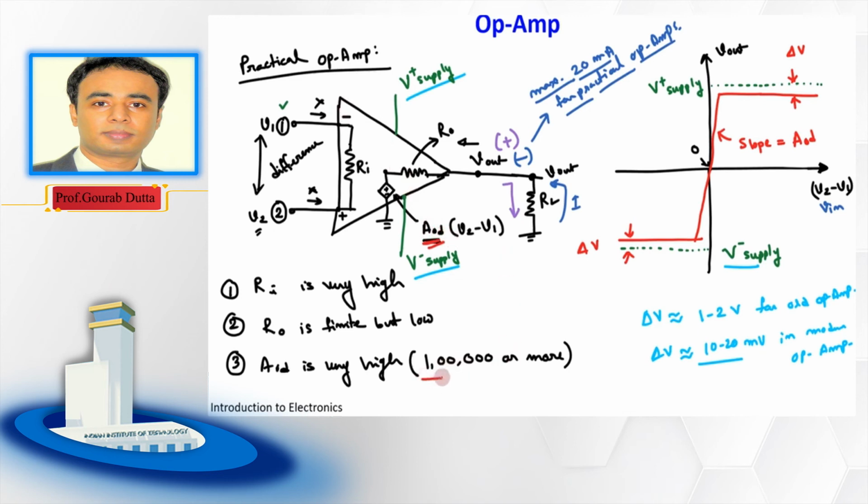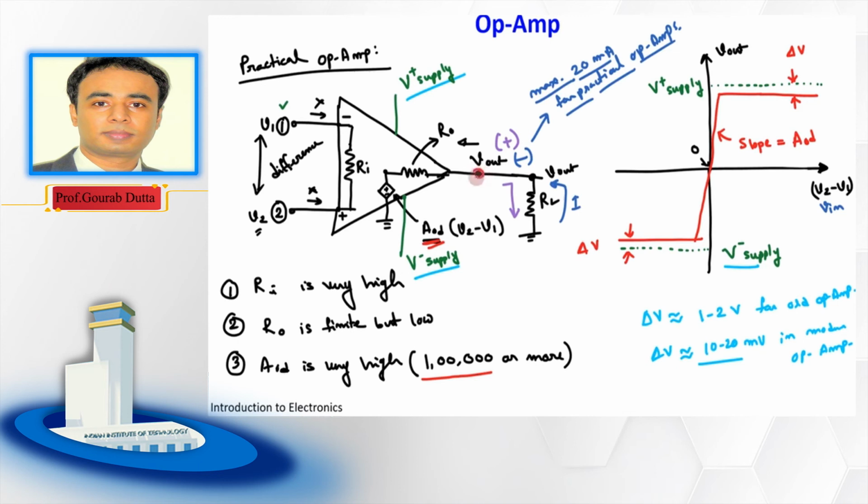See, this is 1 lakh or more. This is very high, right? But what is the maximum output voltage? Whether it is positive or negative, it depends on the two supply voltages, and the values of these two supply voltages are finite. So that way V output is also finite, right?